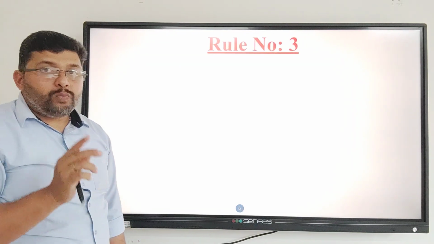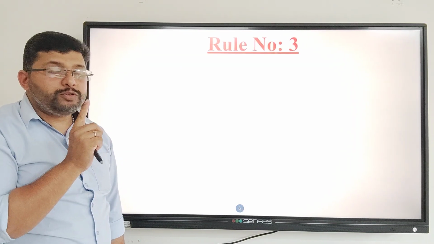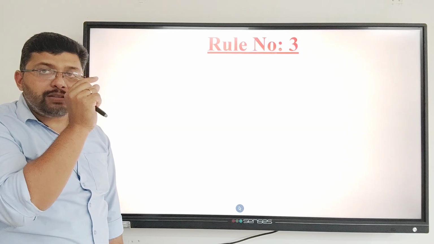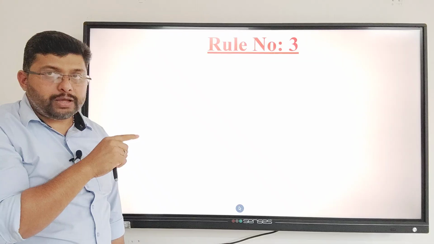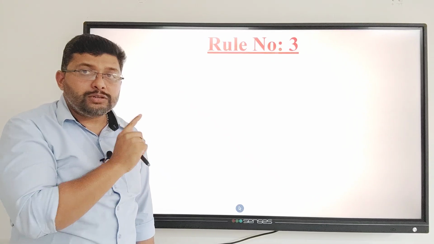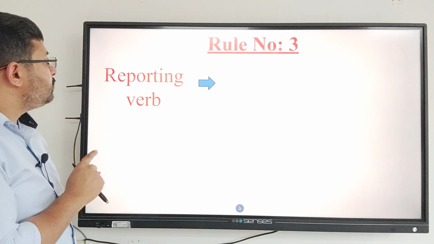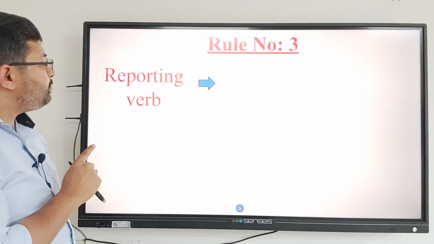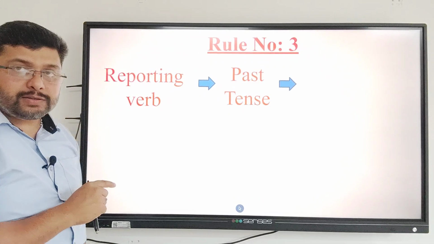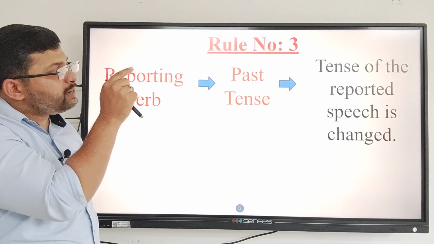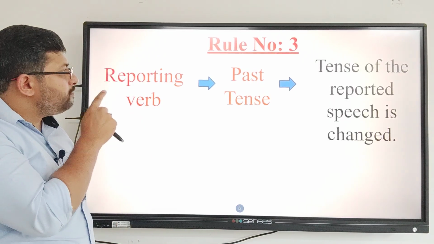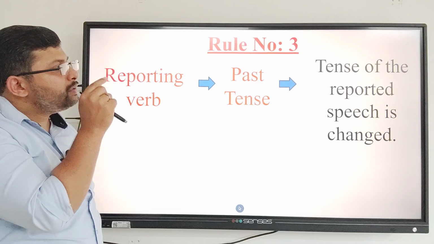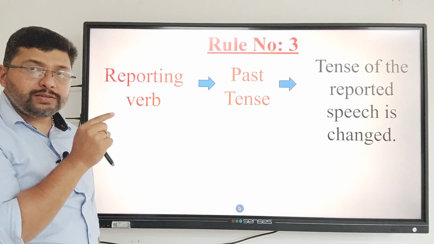Okay. Now rule number 3, one of the most important rules, which means all the changes in the tenses and their structure will be discussed here. So give keen attention to the discussion. If the reporting verb is in past tense, then the tense of the reported speech is changed.